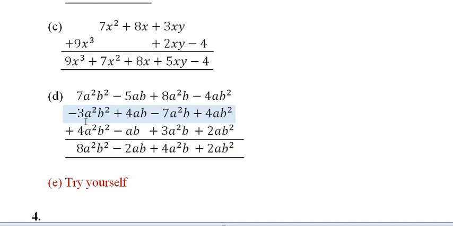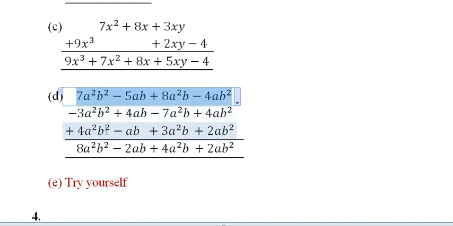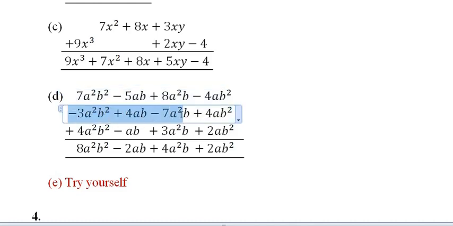This comma is telling you that they are separate expressions. So 7a squared b squared minus 5ab plus 8a squared b minus 4ab squared is the first expression or the first polynomial. And the second one is minus 3a squared b squared plus 4ab minus 7a squared b plus 4ab squared.